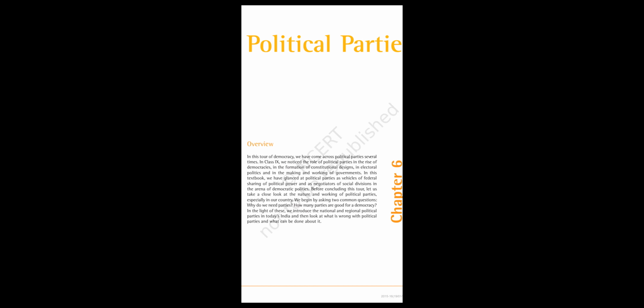And you also studied about the ideals enshrined in the Indian Constitution and the preamble. Then the next chapter was electoral politics. In that chapter, you studied why elections are required in a democracy, how elections are conducted in India, and the criteria which makes an election democratic.